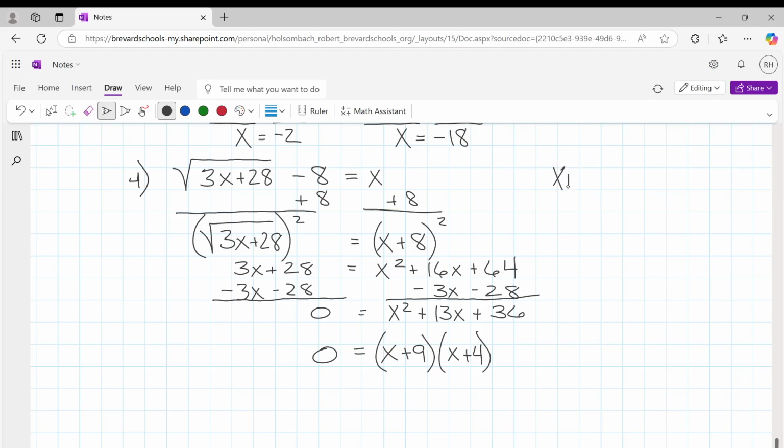So x plus 9 equals 0, x plus 4 equals 0, and solve each. And then check both solutions.